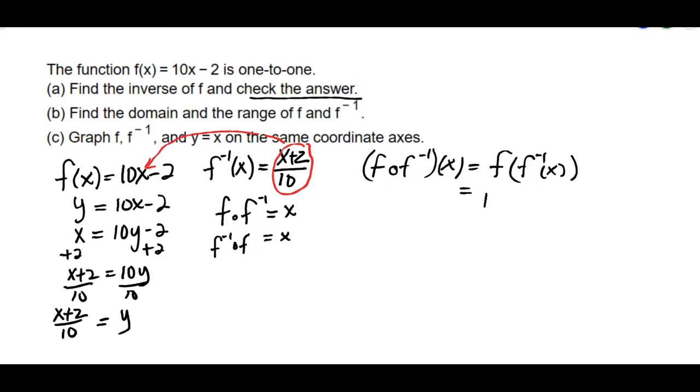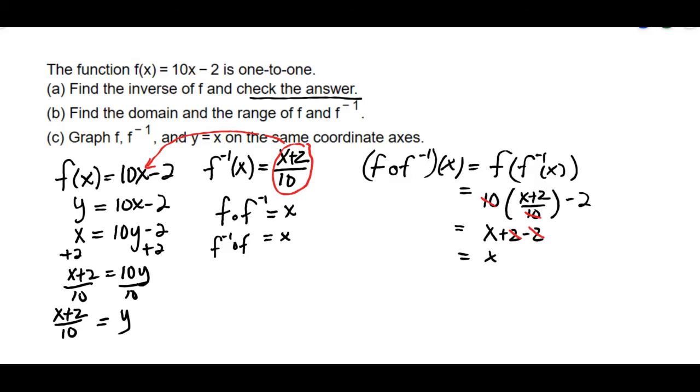That would give me 10 times x plus 2 over 10 minus 2. And we're simplifying, the 10's cancel, leaving me with x plus 2 minus 2. Plus 2 minus 2 cancel to become 0, leaving me with x.